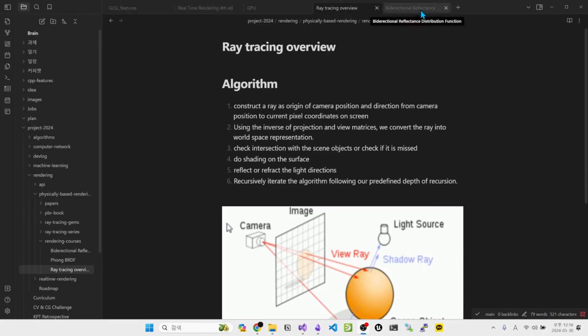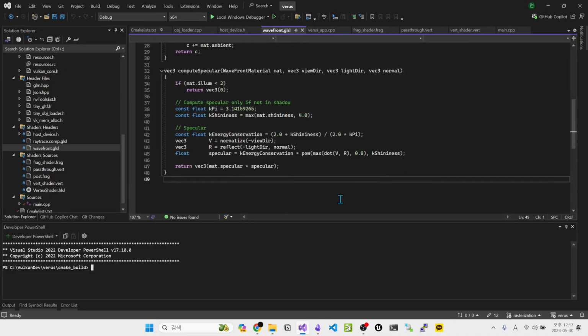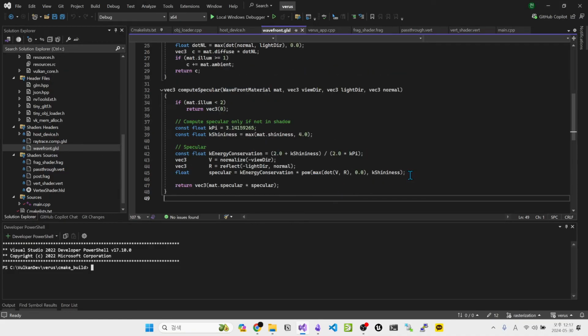So first, in the MV Pro samples, they applied some energy conservation concepts here. Okay, this power of max dot product between the V and R vectors with the K shininess is exactly the same as what I learned from the video.